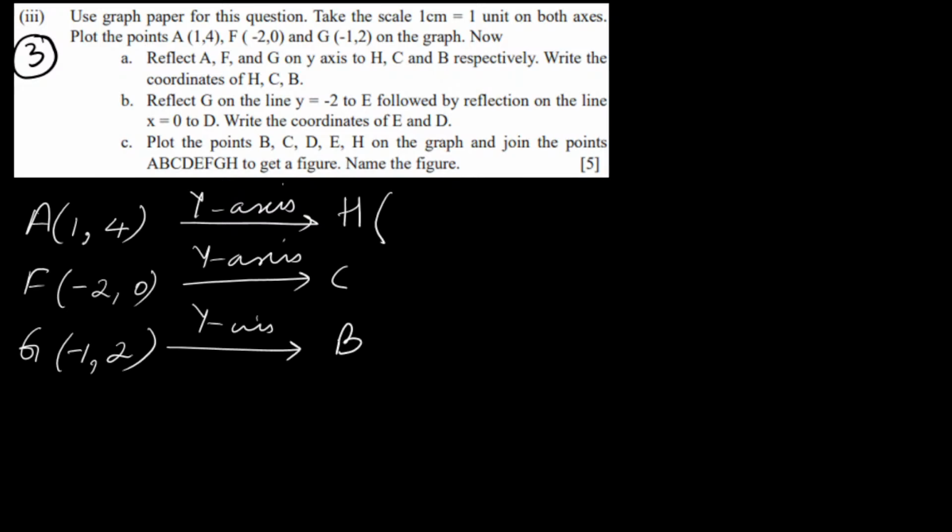If we are doing reflection on the y-axis, which coordinate will change and which will remain the same? Yes, A will be (-1, 4). Y will remain the same, x will change. So the sign will change. So -2 changes to 2, and -1 changes to 1.